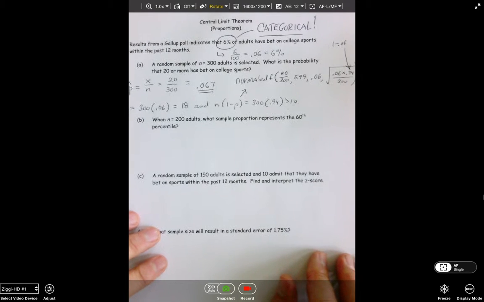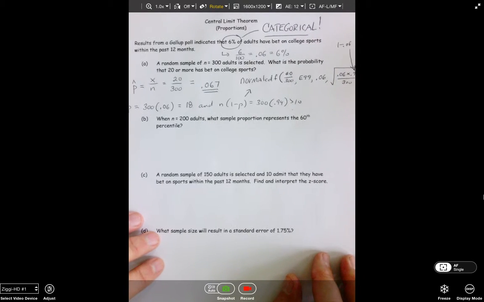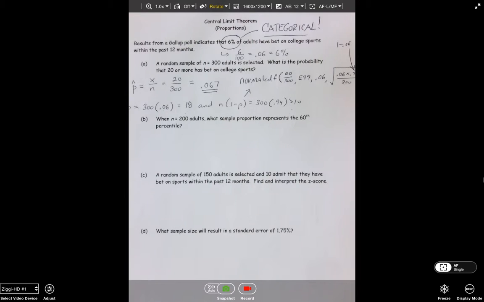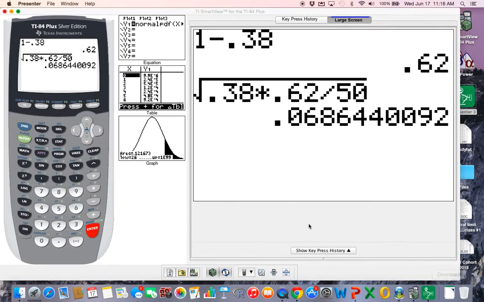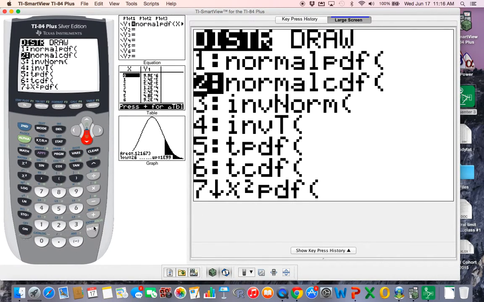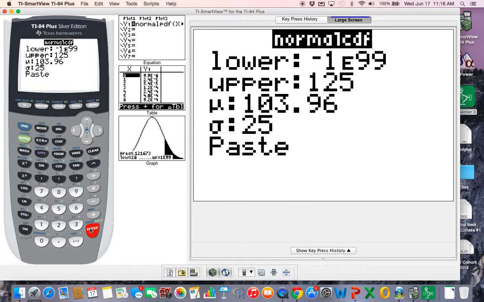Guys, these are a little harder. What makes these harder is the notation's tougher. So, gang, I'm going to go to this graphing calculator. Second function distribution, normal distribution. So, my lower bound is 20 out of 300. I want or more, so I'll go all the way up to E99.